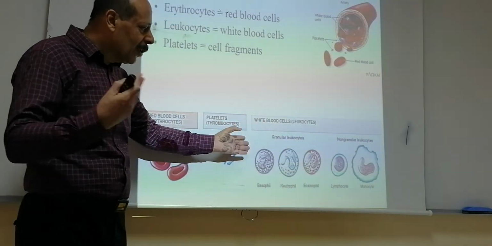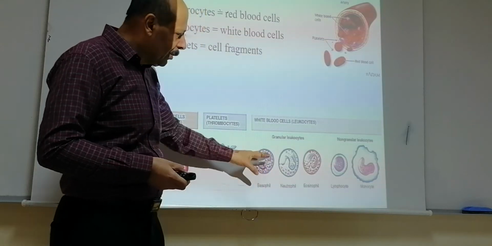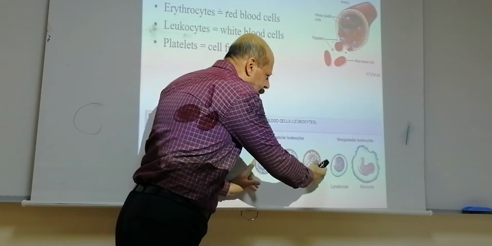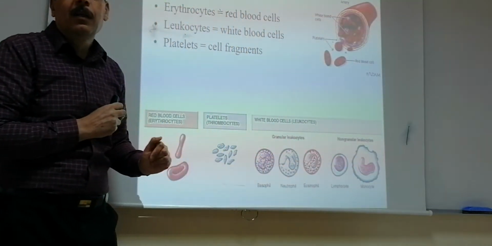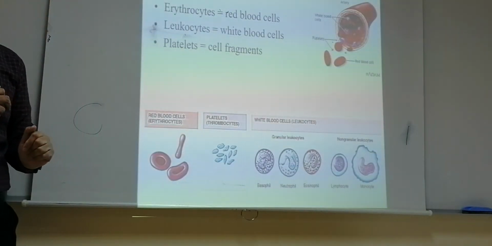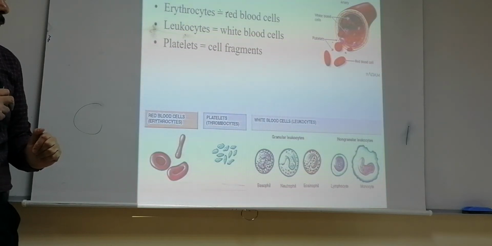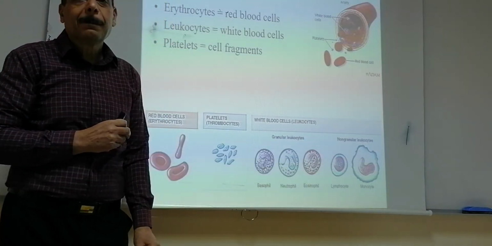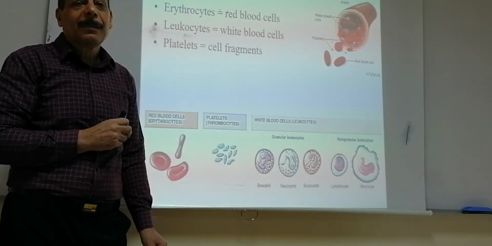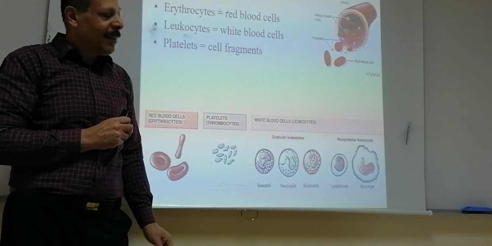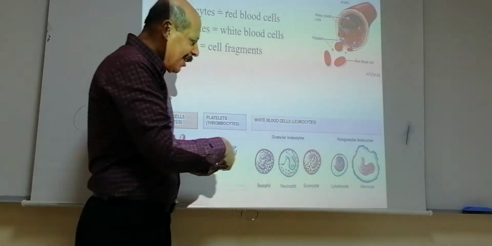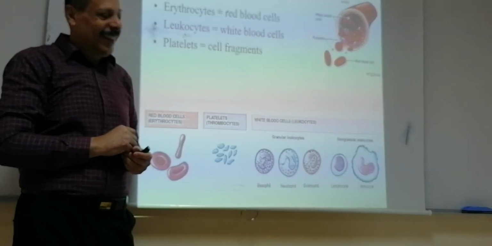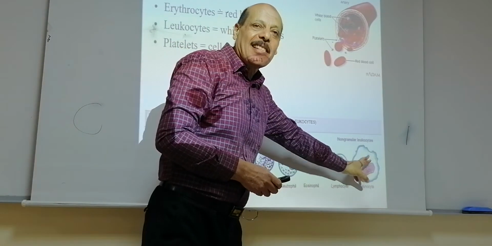For the granulocyte or the granular, see the difference in the picture. What do you observe as the difference between those three and those two? Is something not present here?